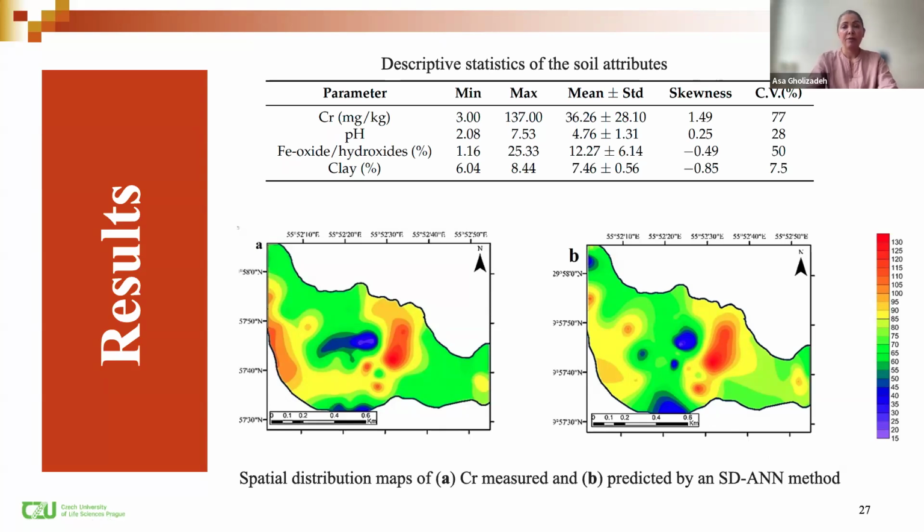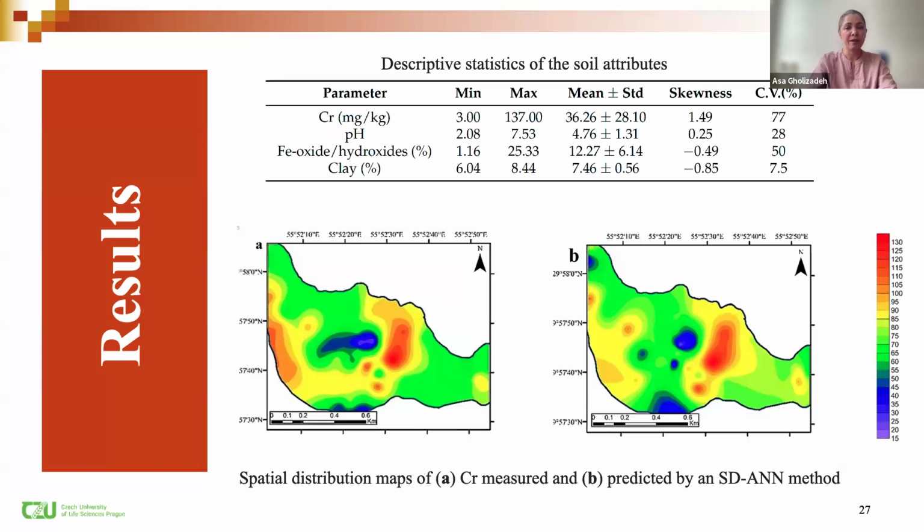According to the laboratory reflectance spectroscopy, the highest prediction accuracy was obtained using ANN, applied to second derivative preprocessed spectra. Based on the map provided, you can see it's an acceptable performance for mapping the spatial distribution of chromium using the ordinary kriging technique. A similar spatial trend can be seen in these two maps.